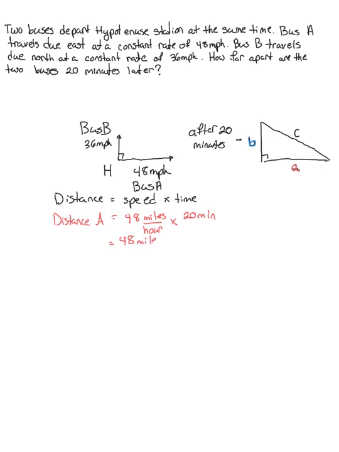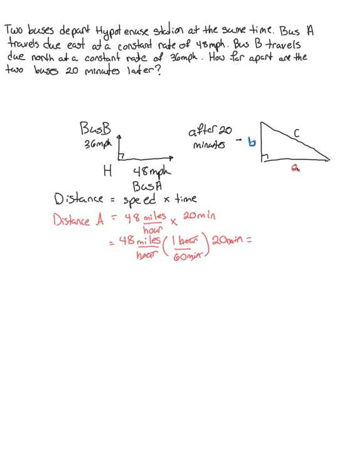So we can do miles per hour times, well, if we want to cancel out the hours, we put the hour on top. So 1 hour is equal to 60 minutes, and throw back in the 20 minutes there. And here, we have the hours cancel out, and we have the minutes canceling out.